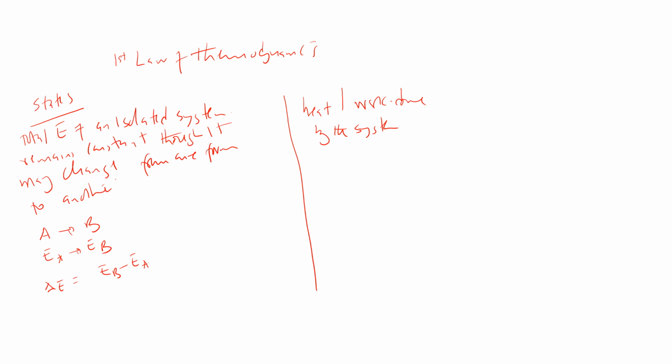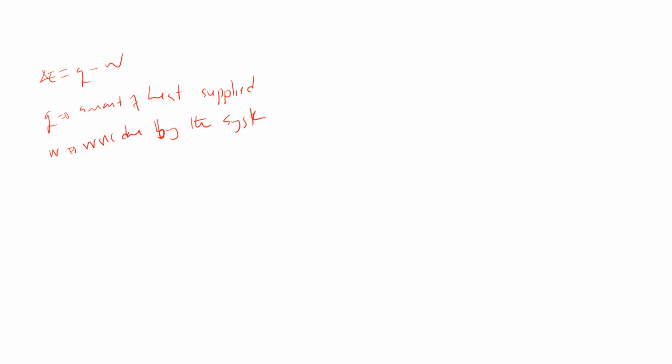So because the total energy of the system must remain constant, we can write the mathematical statement of the first law as delta E is equal to Q minus W, where Q is the amount of heat supplied, while W is work done by the system.